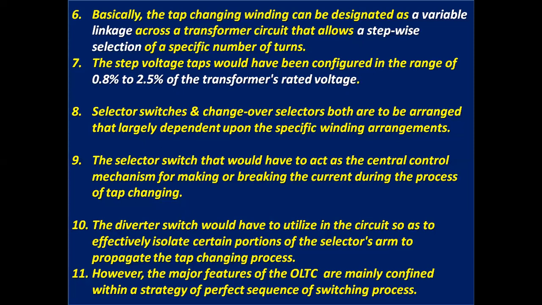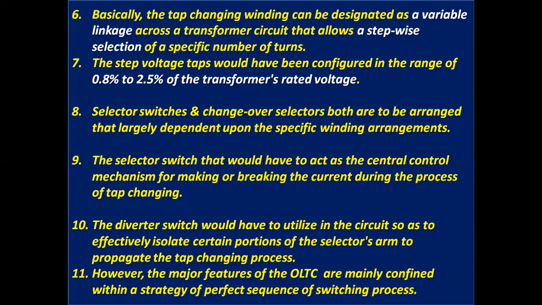Selector switches and changeover selectors are both arranged largely depending upon the specific winding arrangements. Number 9, the selector switch acts as the central control mechanism for making or breaking the current during the process of tap changing.